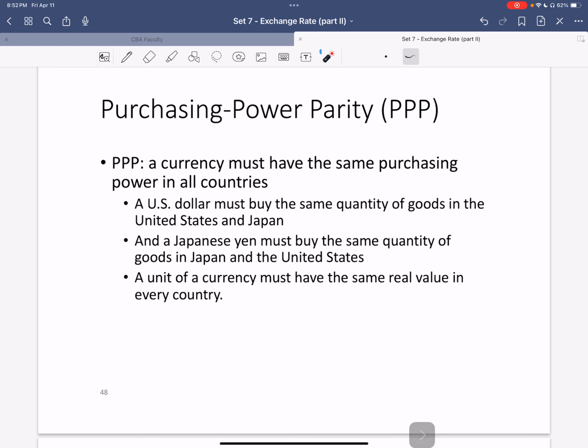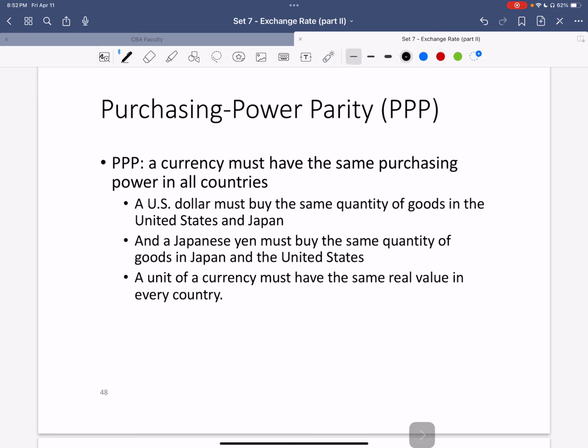Purchasing power parity says that those conversion rates will be exactly equal in two countries, with the ratio of the level of the prices being equal to the nominal exchange rate. And the currency must have the same purchasing power in all countries.